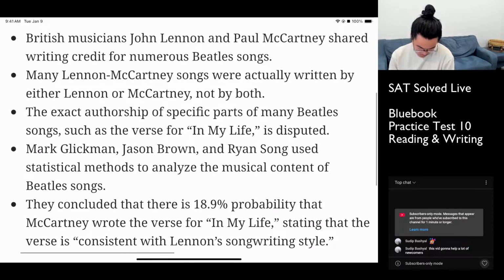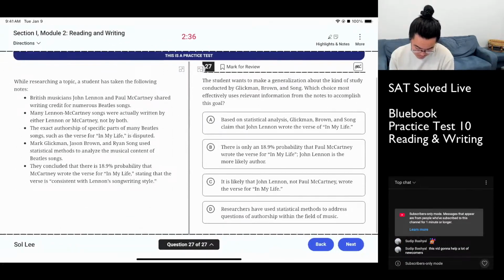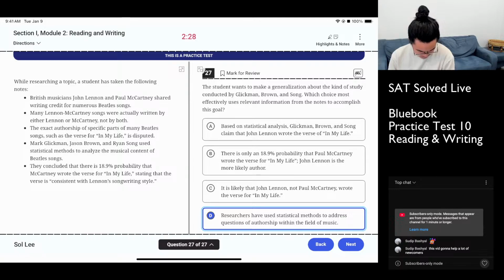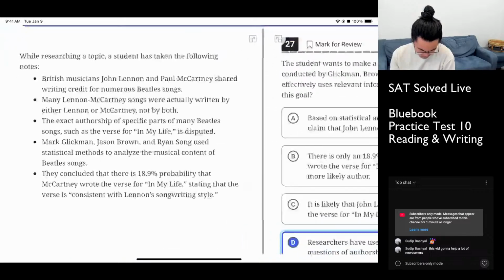This can help with, okay, I'm going to use process elimination. There's only an 18... Oh, I guess that is it. Researchers have used statistical methods to address questions of authorship within the field of music. I mean, is that supported by this, though?